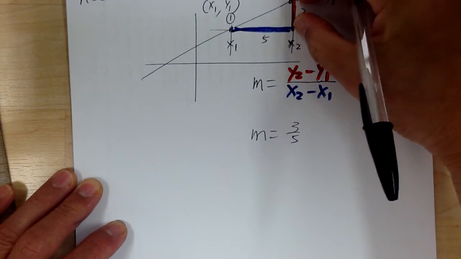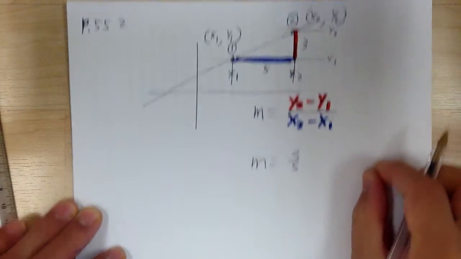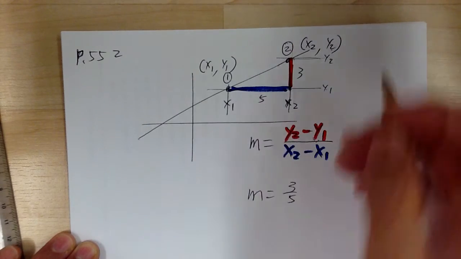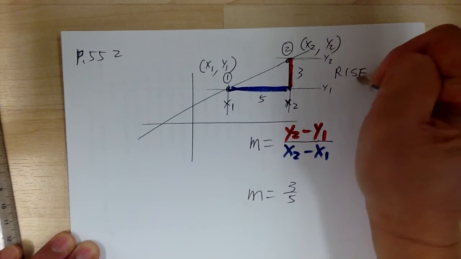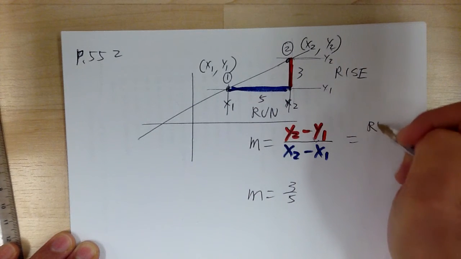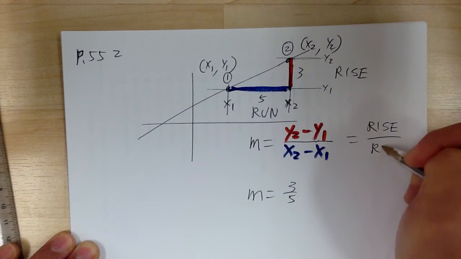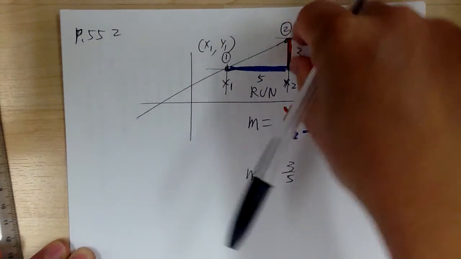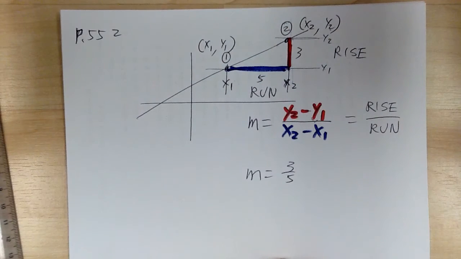It's this distance over this distance. This is called a rise, it's up, and this is a run. So the slope is rise over run, the vertical over the horizontal. That's the definition of the slope.